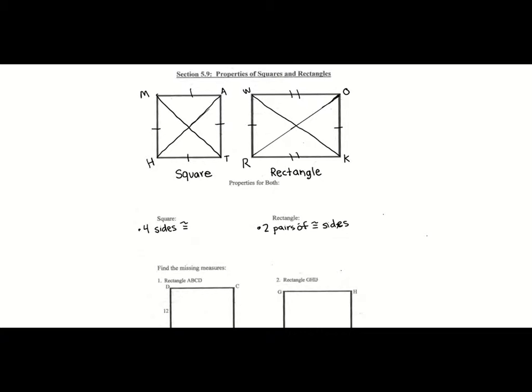Okay, when we look at the angles of our two shapes, we know that both these shapes have 90 degrees in all four corners. So that is a property of both a rectangle and a square.